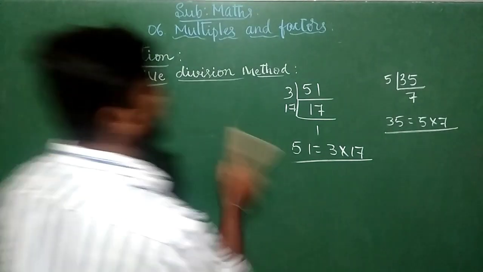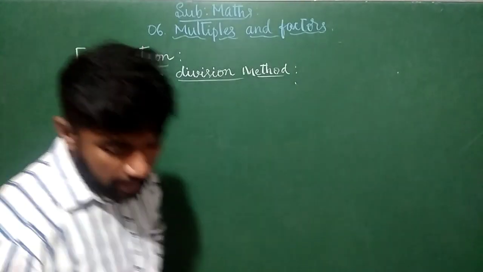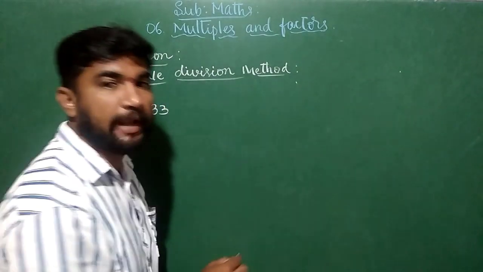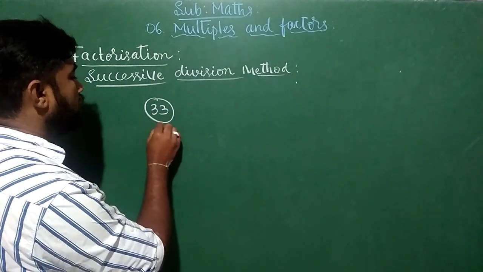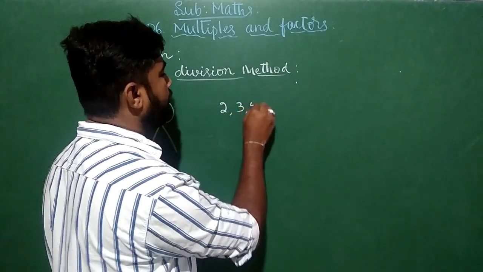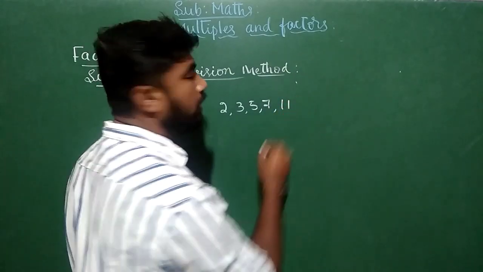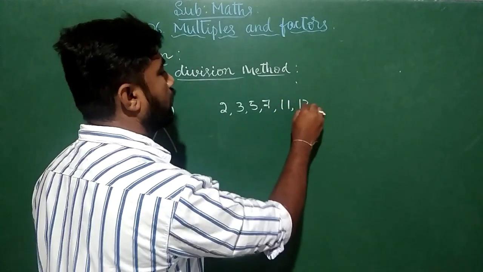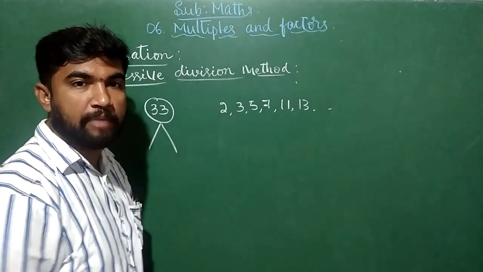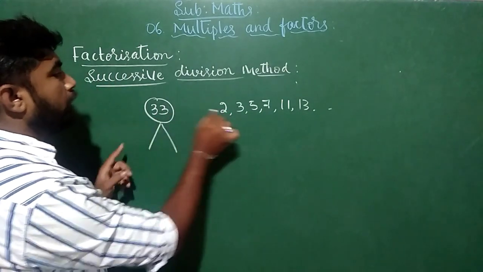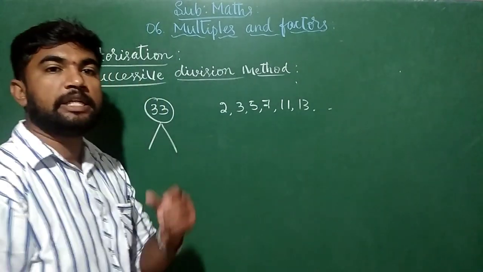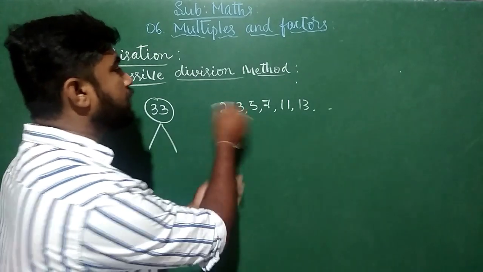That is the first question from the B main, 33. First I will show the factor tree method for 33. Again we know prime numbers 2, 3, 5, 7, 11, 13 and so on. First we take the smallest prime number. 33 is not a multiple of 2.